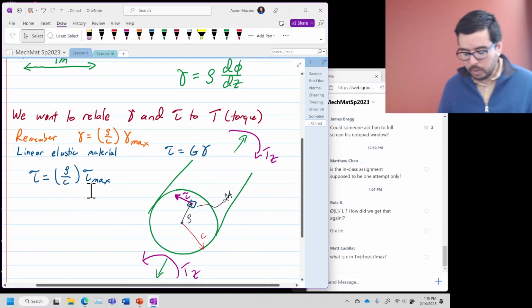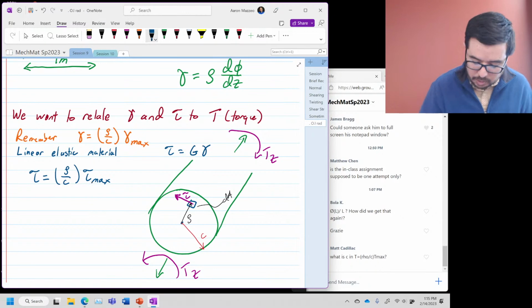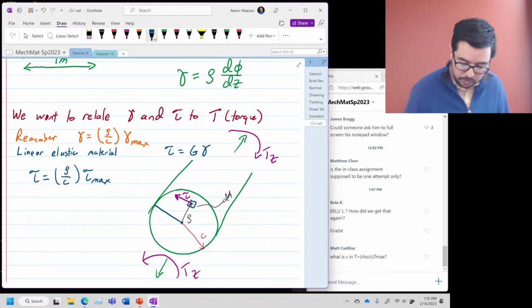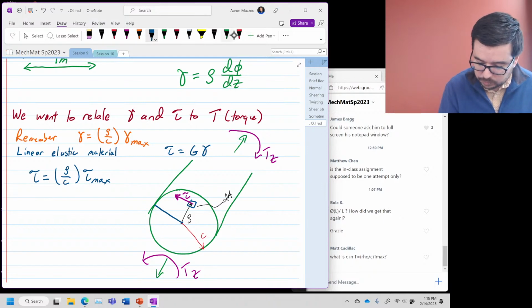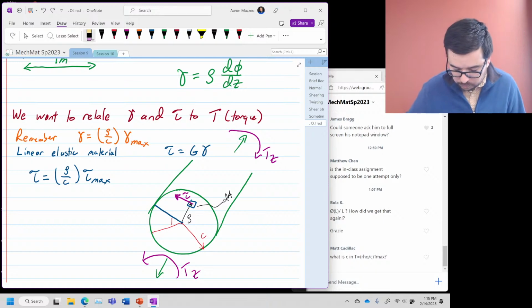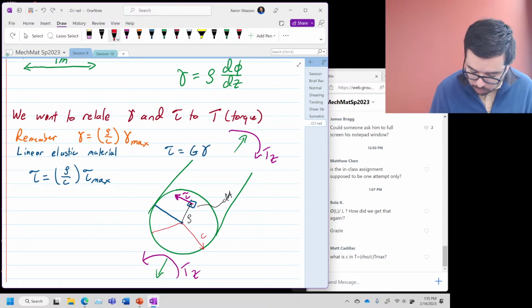Okay? So what we actually have on the surface is a distribution of shear stresses.